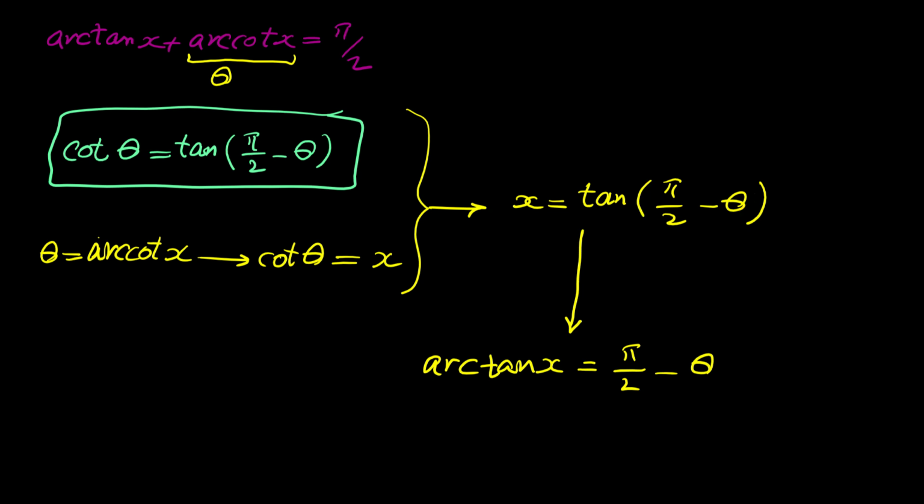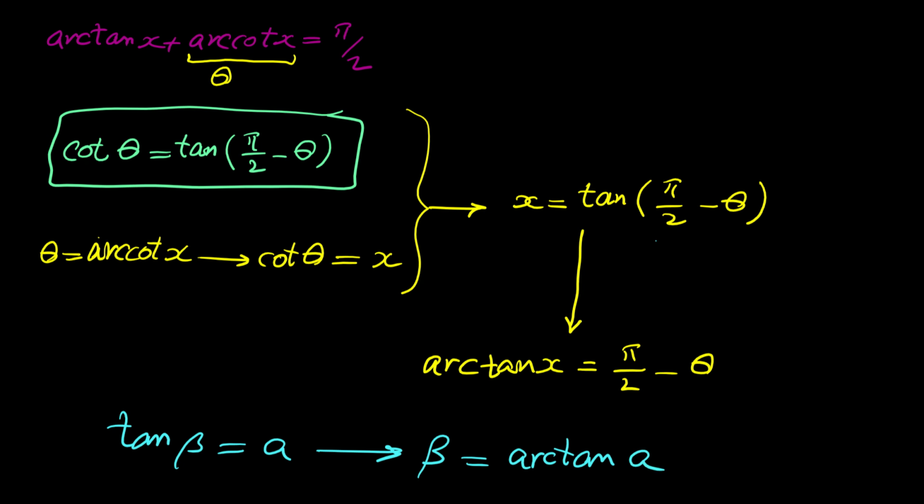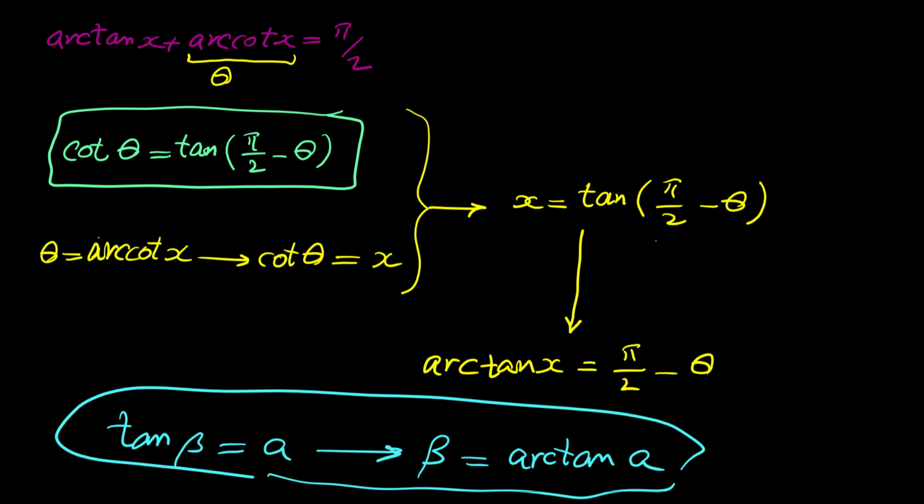So let me repeat this part because this is a little confusing. If you have tangent of an angle, let's say tangent of angle beta equal to a number like a, you cannot always conclude that beta is arctangent of a. This conclusion is not true for any angle.